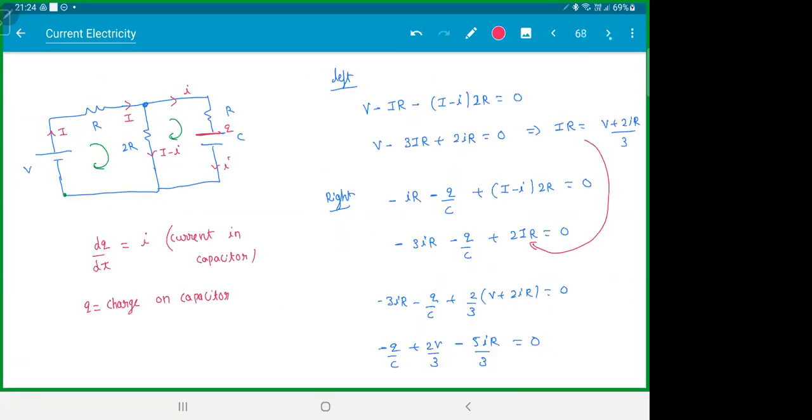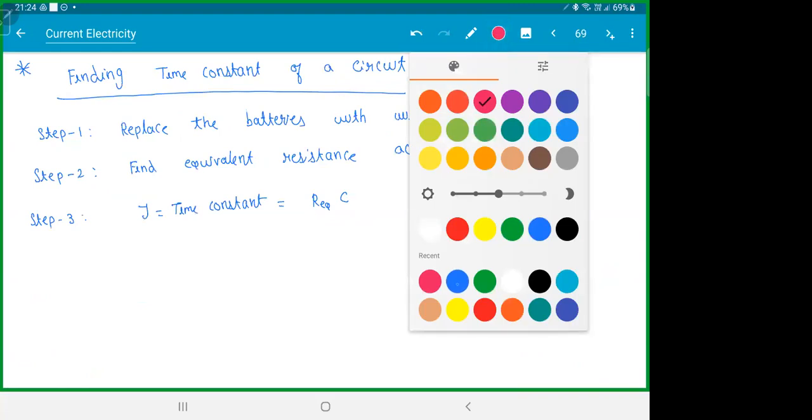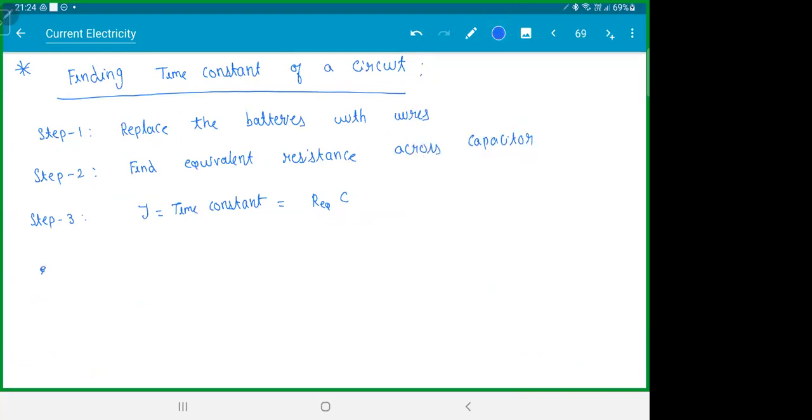So let me take an example, see how to get this time constant. Example, the question just now we did. Capacitance C, resistances R, 2R, R. This is a direct maths level question, find time constant. So step 1, replace the battery with a wire.